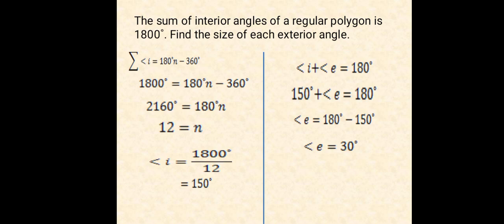Now we know that one interior angle plus one exterior angle gives 180. So we have 150 as the interior angle plus an exterior angle we don't know, equals 180. So solve for the exterior angle. We find that the exterior angle is 30 degrees.